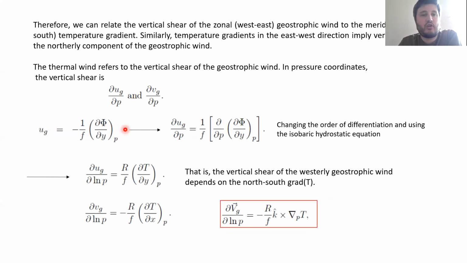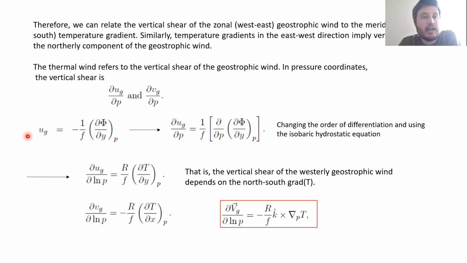Okay, and what we'll do is we'll just start by expressing the geostrophic wind, as we know, and this is the typical expression. Let's just do that for the zonal component, because then it's very easy to derive it for the meridional component. So we have that the zonal geostrophic wind is 1 over f, partial phi, partial y in a constant pressure surface.